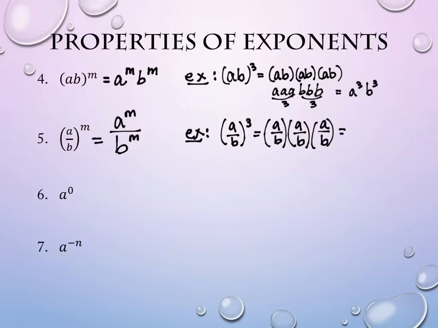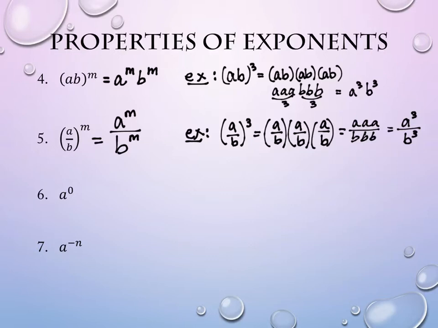And if you multiply across the top and multiply across the bottom, there's a, b, and this is a cubed over b cubed. So we don't even have to reorganize it like we did with multiplication.